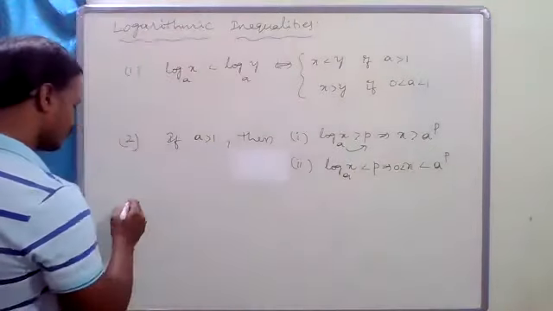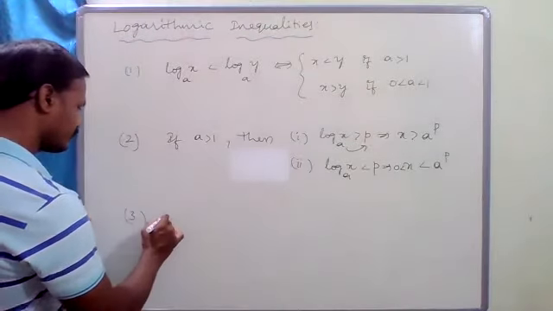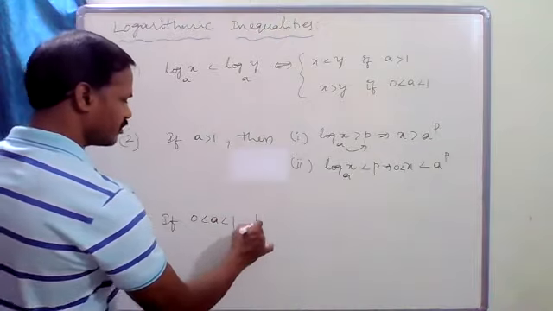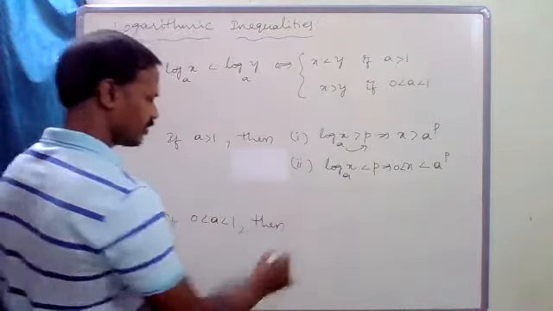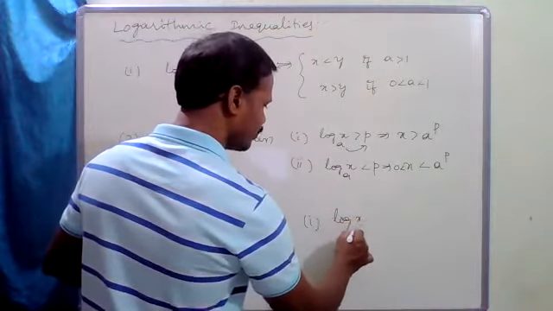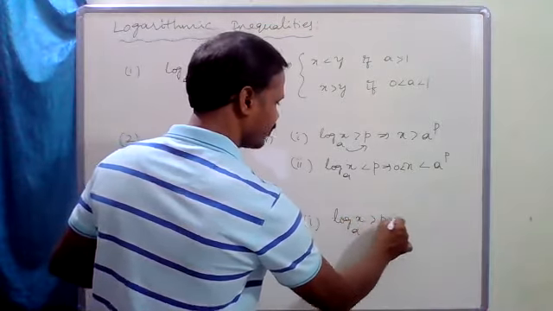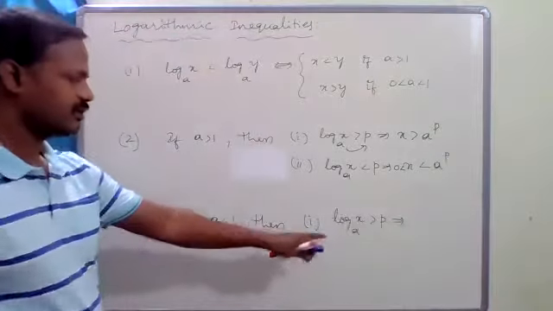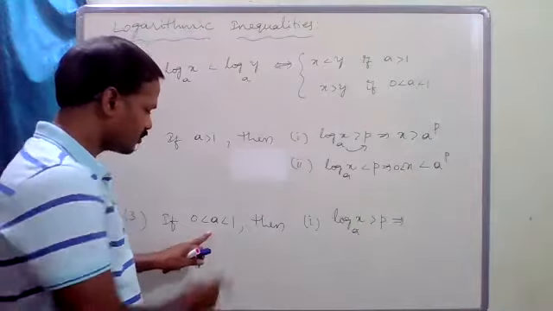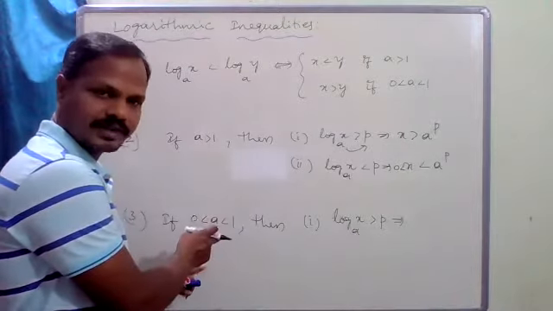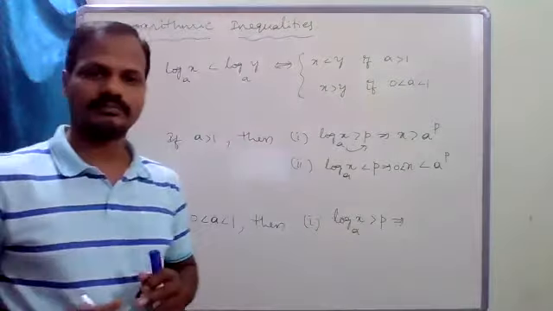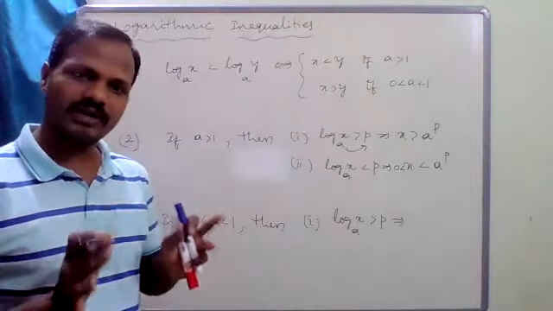Right? And now third, if 0 less than a less than 1, then the same conditions: log x base a greater than p implies x less than a power p. See, here a lies between 0 and 1, so the log value becomes negative, because log values are positive after 1. In between 0 and 1, the log values are negative.